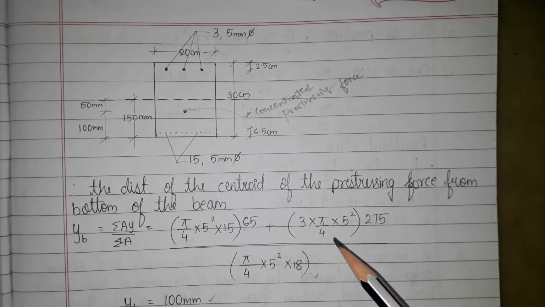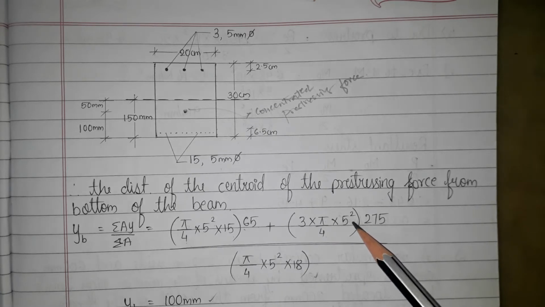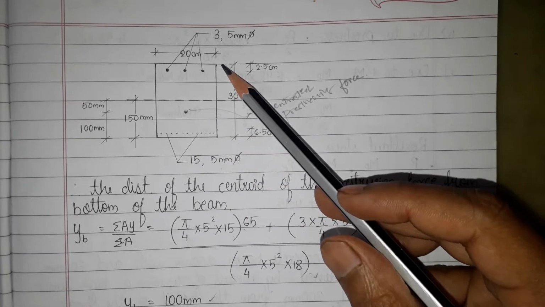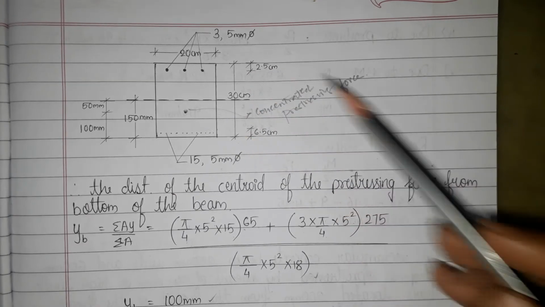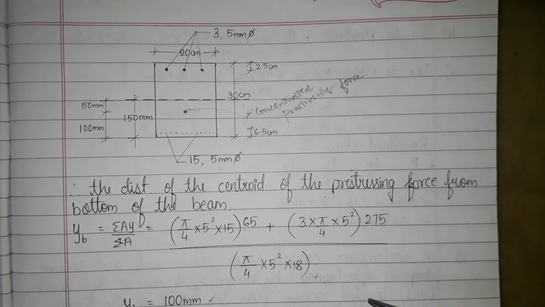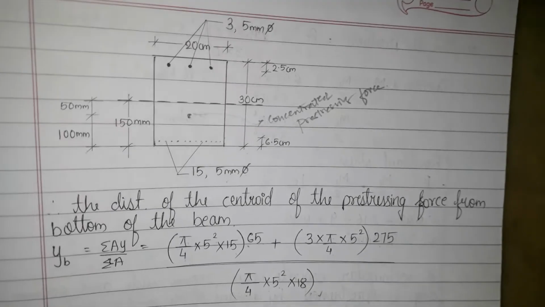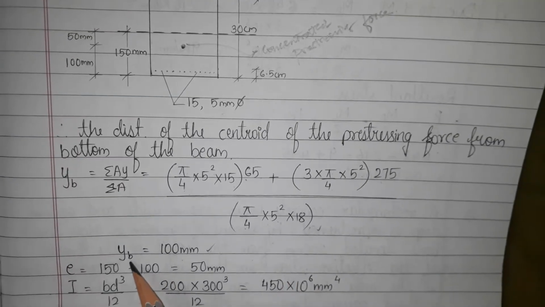And we have the top cable, 3 number of cables, pi by 4 into 5 square, into the location of cables from the bottom fiber. From top it is 25, so total is 300 minus 25, so we will get 275, divided by total area, pi by 4, diameter 5 and the number of cables 18, 15 plus 3 is 18. So we got the location YB from bottom as 100 mm.